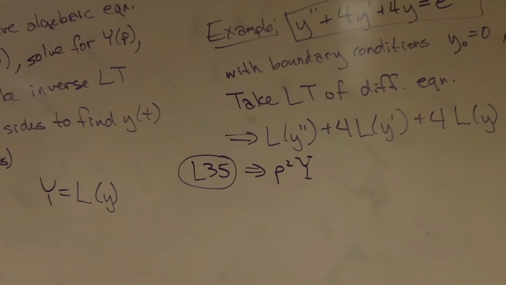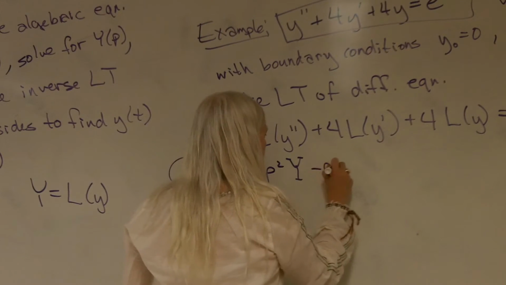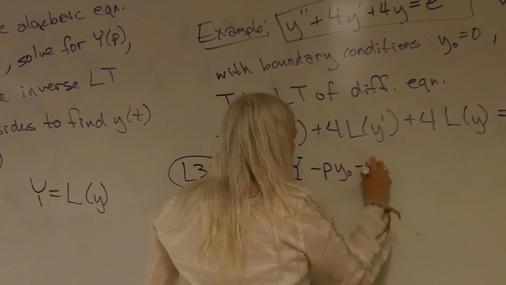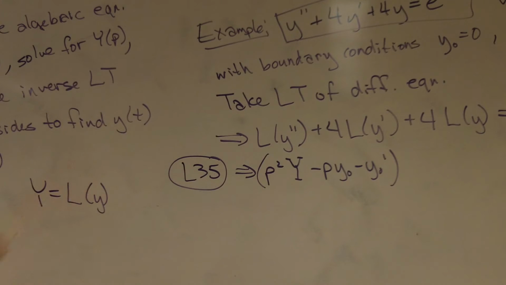So p squared times capital Y minus p times y naught minus y naught prime. All of that is the Laplace transform of y double prime.